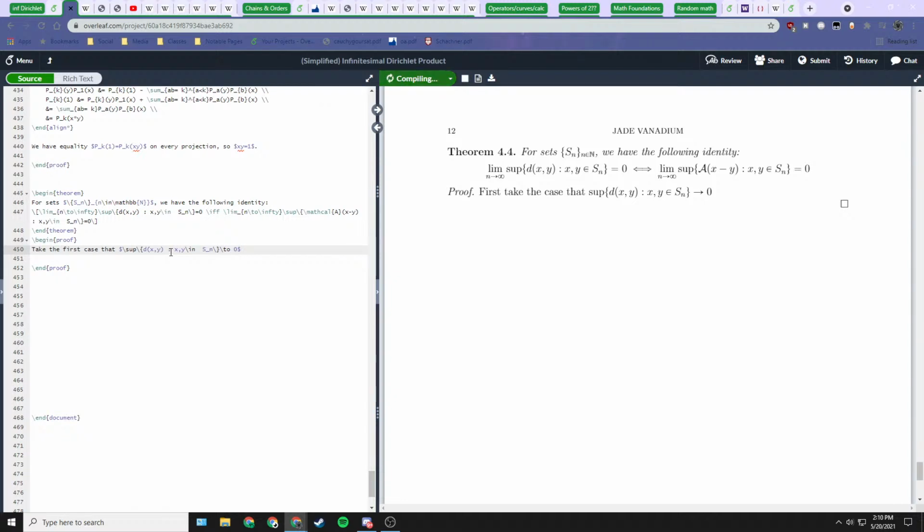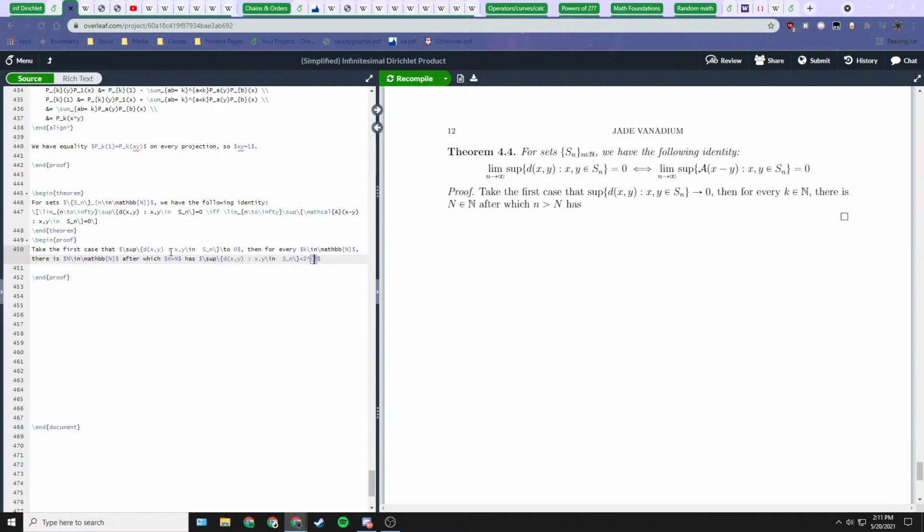Then for every index k in the natural numbers, there is an n after which, for all greater than n, this supremum is strictly less than, wait, that's not right, 2 to the power of negative k, I think.